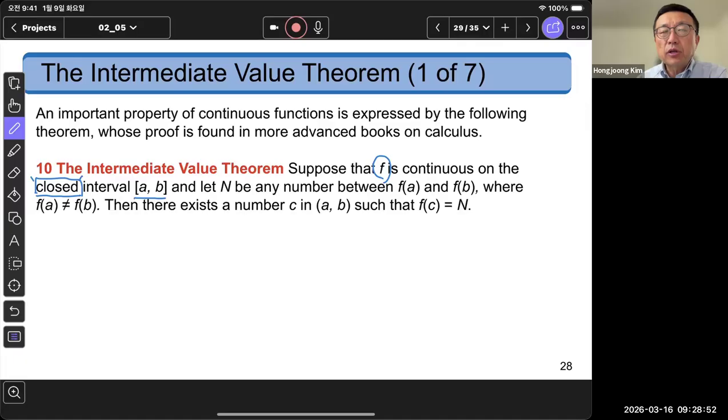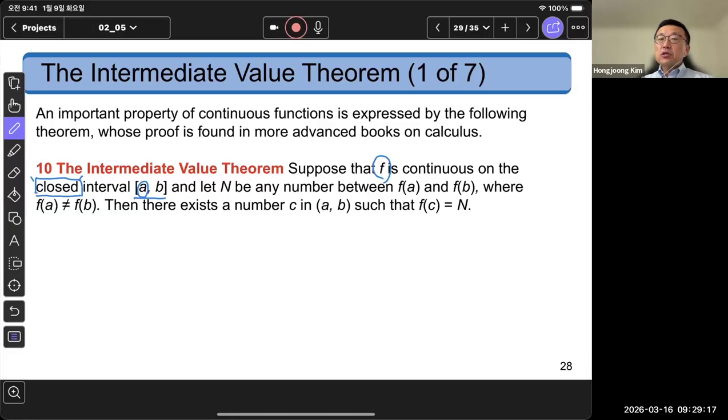So my f is continuous on this interval. As I mentioned, in the case of the endpoint a, I'm talking about the continuity from the right, and at b, I'm talking about the continuity from the left. And at all other points in the interval, we mean continuity at a point in the usual sense.